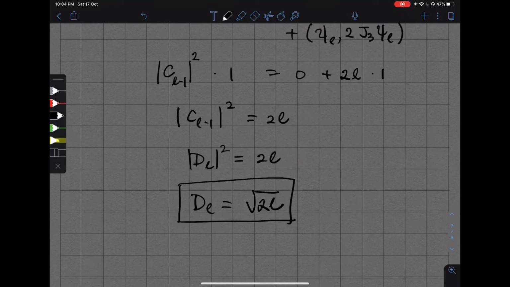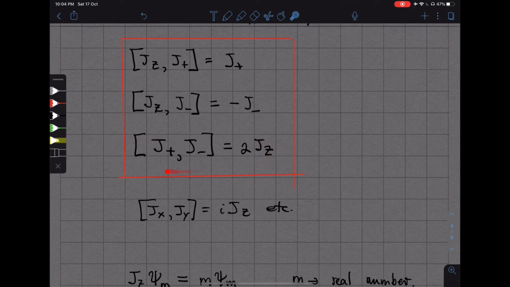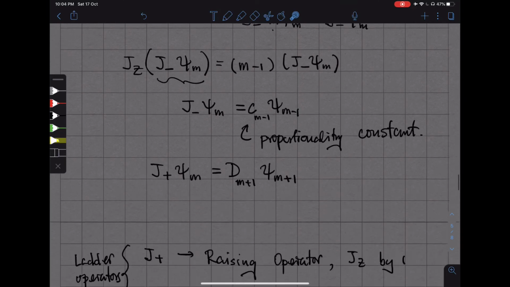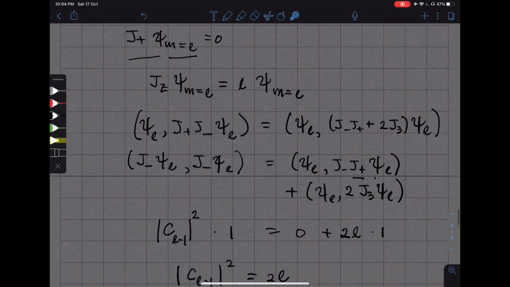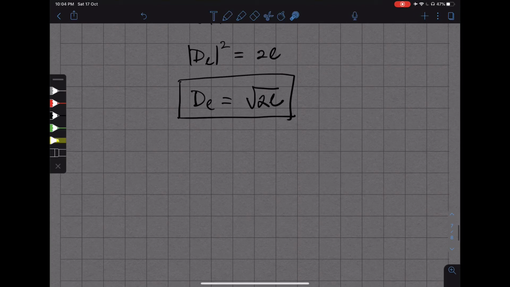Now, what we did is that we evaluated this commutation relationship for a state which had the highest value of m possible. But what if we did it for an arbitrary state? What if I take some arbitrary state psi_m, and then I take the commutator of j_plus and j_minus, and evaluate this inner product?